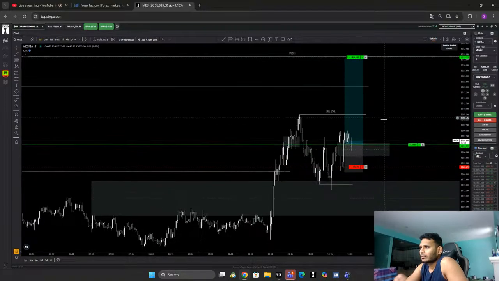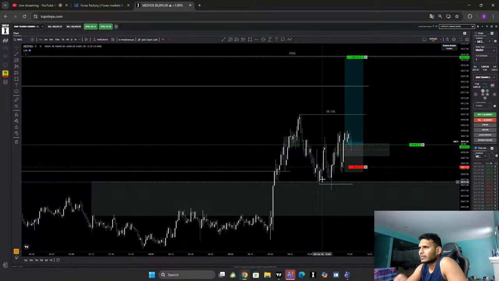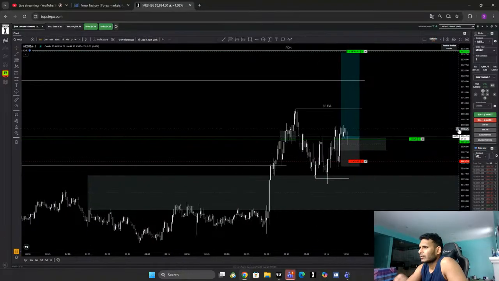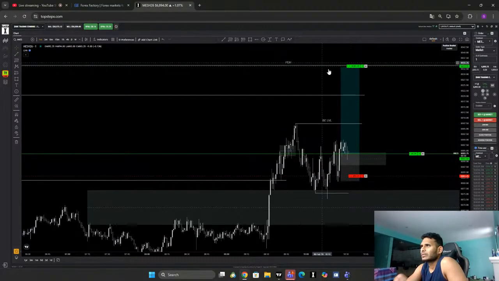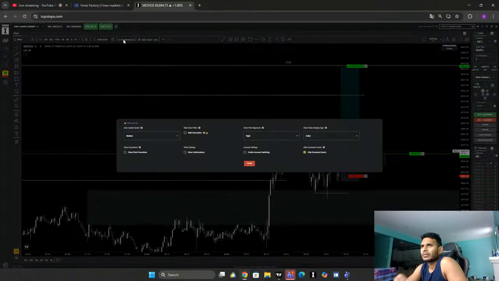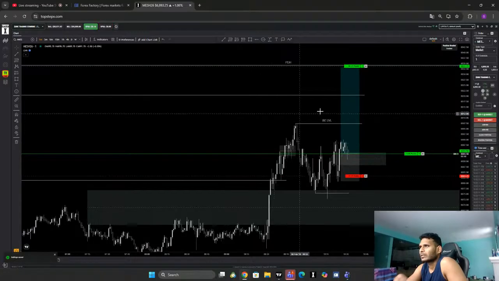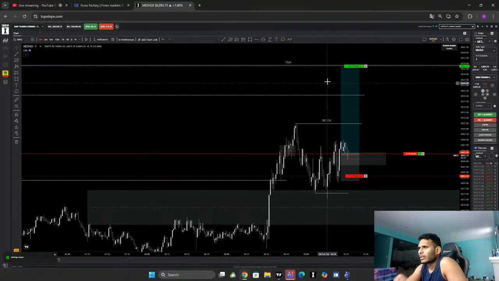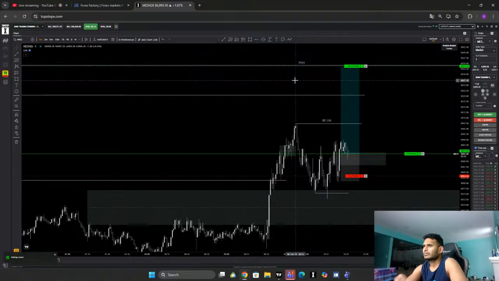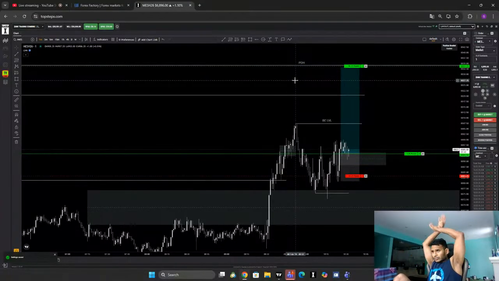What I'm risking, I'm trying to make double the money. So that's okay. I don't think about the money, I don't think about the dollars. I just want to make sure the percent is clean. If you want to put in 10 points, okay. I'm risking 10 points and trying to catch 40 points. So 10 points on one contract is $50. That's good.